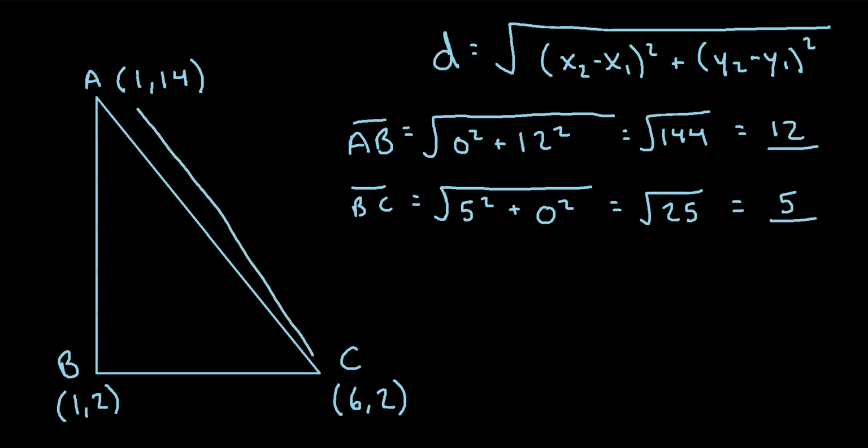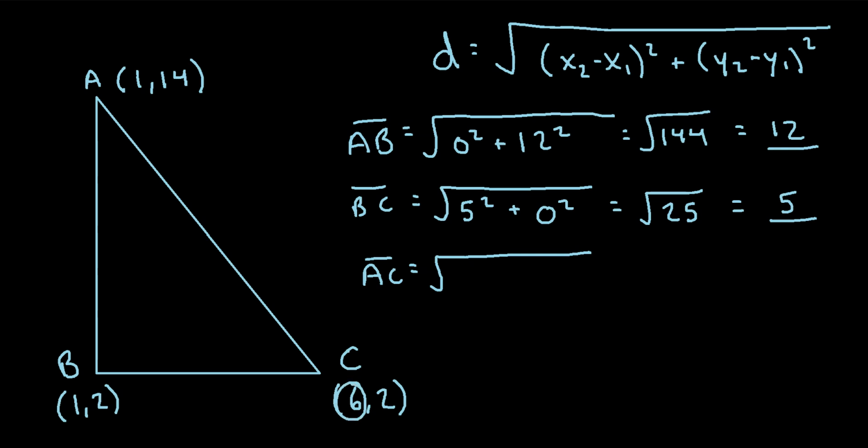So BC has a length of 5. Lastly, let's find the distance of AC. So we'll say AC is equal to, first we'll do the difference of the x values, so we'll say 6 minus 1 squared, so 6 minus 1 is 5, so 5 squared, plus 2 minus 14 squared. So 2 minus 14 is negative 12, so we get negative 12 squared.